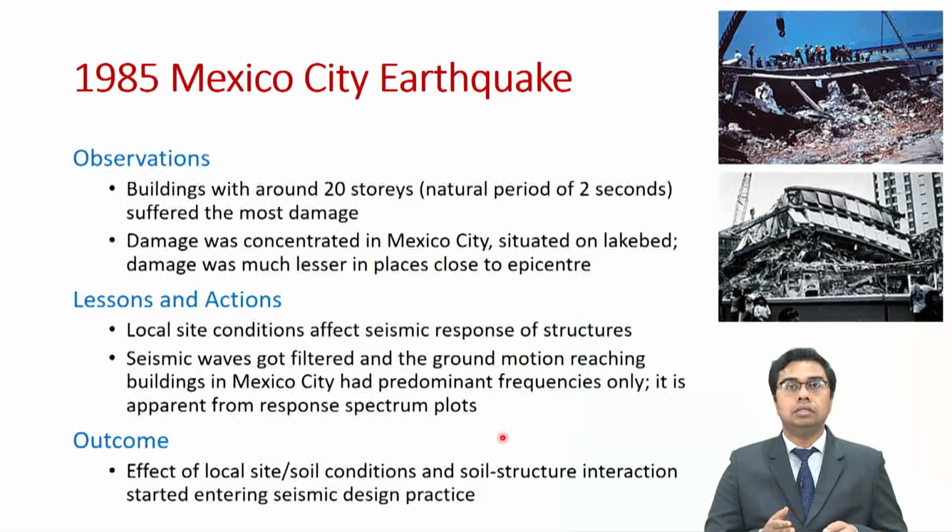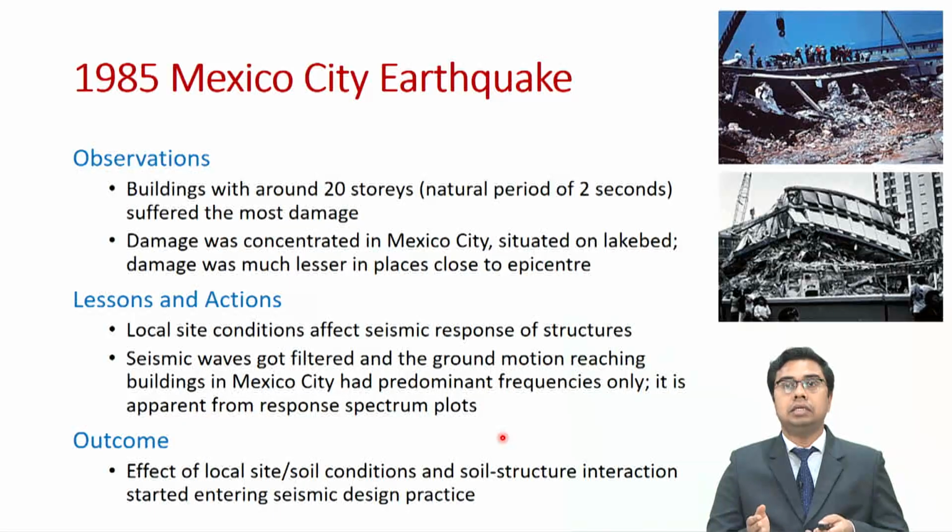The second observation was that the damage was concentrated in Mexico City, which is located 350 kilometers from the epicenter. The damage was much lesser in places close to the epicenter. What does this mean? We learnt from these observations that local soil conditions affect the seismic response of structures.